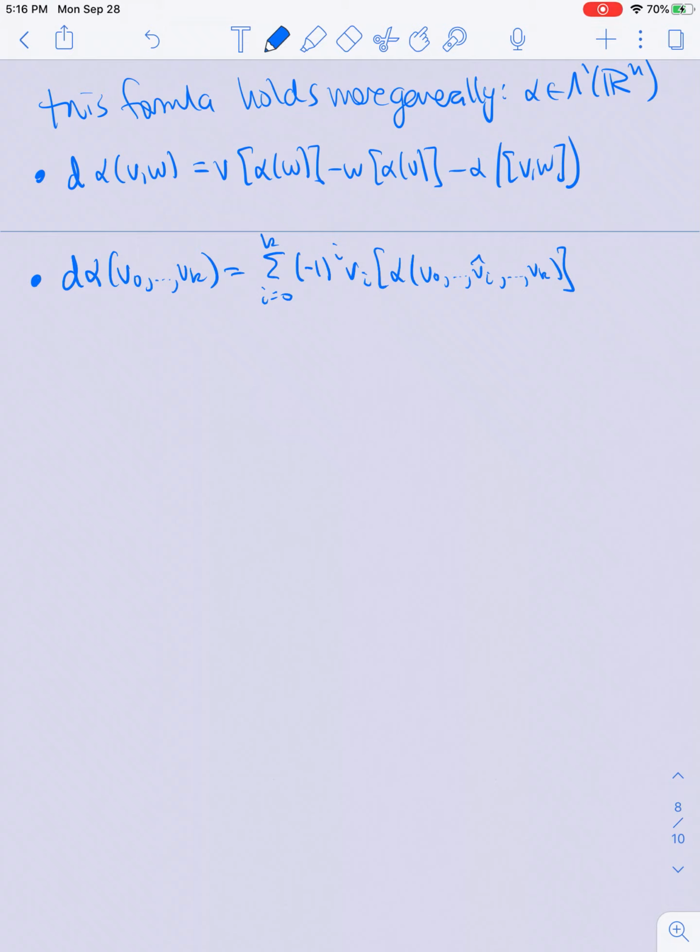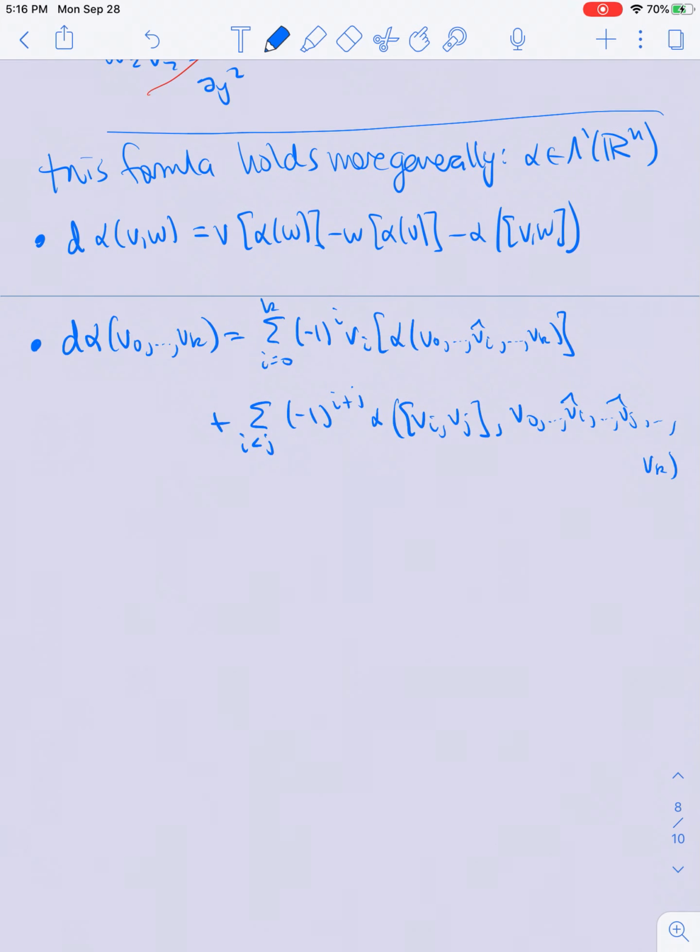And then I want to also add the sum over all i less than j of negative 1 to the i plus j, and then you have to cleverly make sure you're plugging everything in correctly, but you end up getting all the Lie brackets showing up as this sort of term that you have to subtract off or add off, as the case may be, in order to make sure you have the right formula.